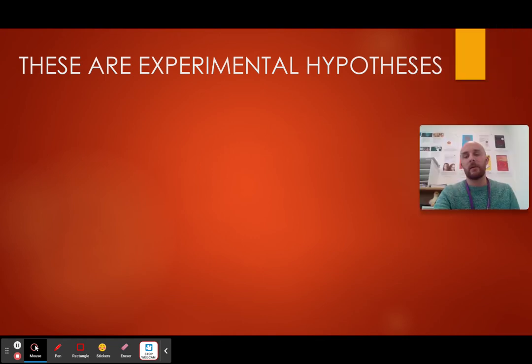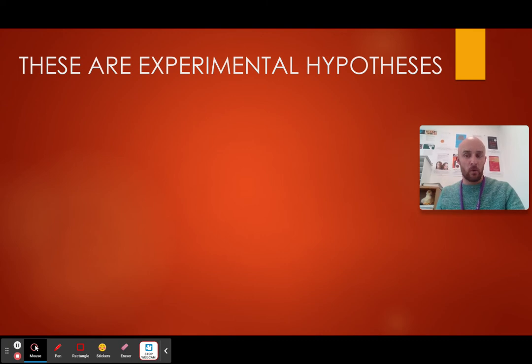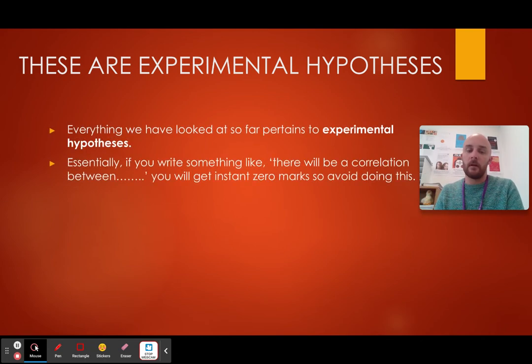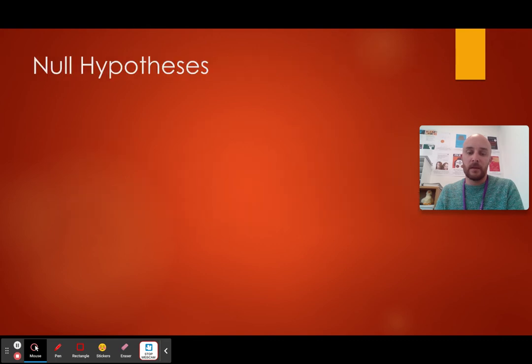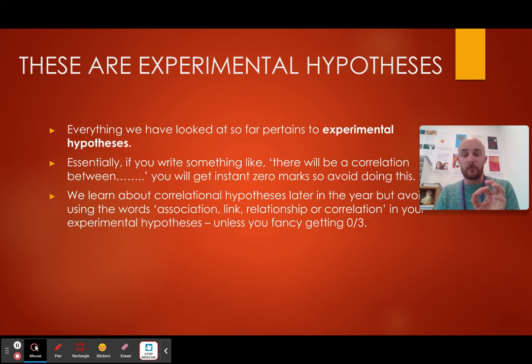Now, the one thing to point out here is everything I've talked about so far are what we call experimental hypotheses, right? They are talking about a hypothesis to do with an experiment, not a correlation. And so you are essentially going to have to write the word difference. Please write down that if you're doing a hypothesis for an experiment and you want to do a non-directional one, you have to say difference.